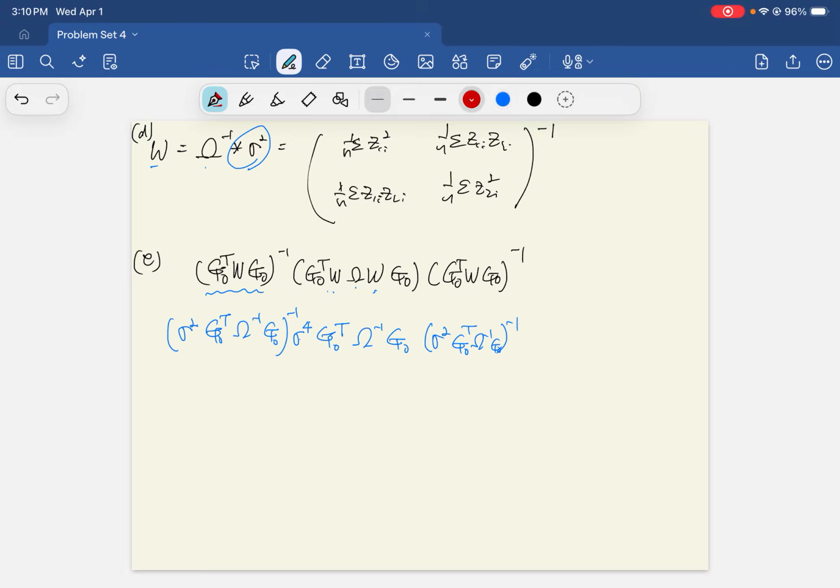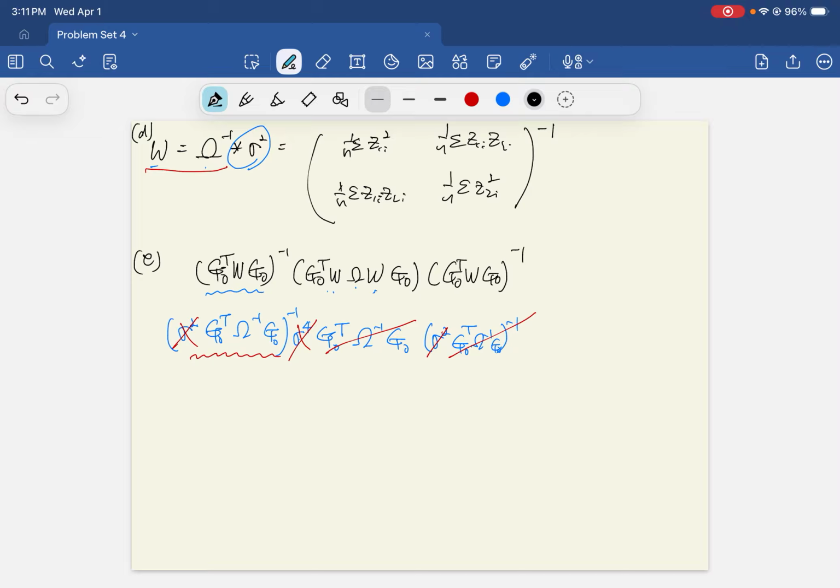Okay, as you see, there are sigma squared on both sides, and there are also the same terms, so they will be gone. And then again, you are going to cancel the whole part. So in the end, you get the same asymptotic variance as if you were using the optimal weighting matrix omega inverse. So as I said, constant multiplication does not matter. Theoretically, it will cancel out all the time.